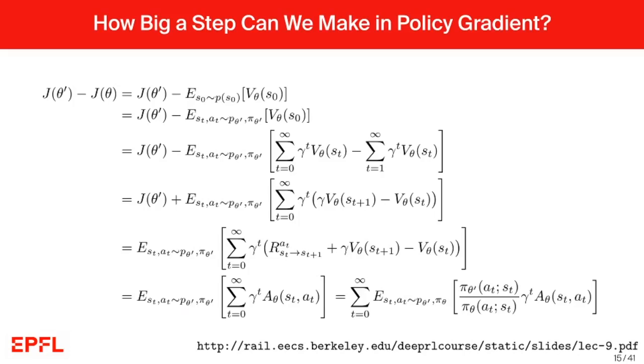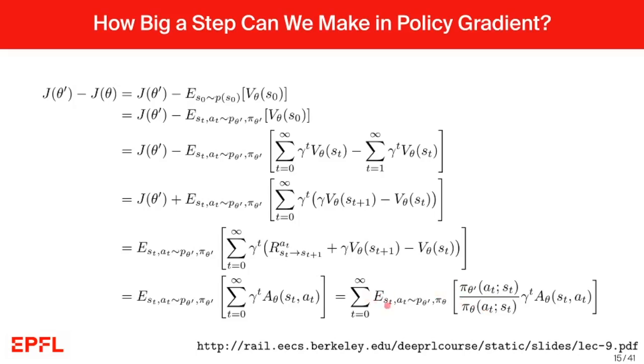Now we can rearrange first the sums here. I took the sum from t to infinity out of the expectation, and now I just apply an importance sampling trick basically, which is instead of sampling the actions from the policy with parameters theta prime, I sample them from the old policy, but I correct here with this ratio.